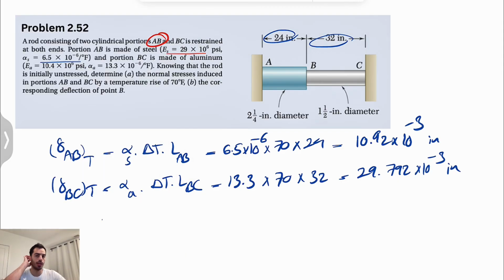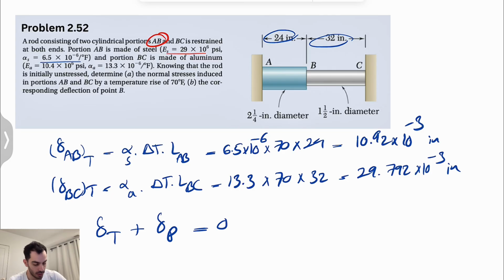What we know here is that at the end, the thermal expansion of the whole thing plus the contraction because of the force, which we can call P, the force that is forming in these two portions, has to be 0, because the two ends of this rod are restricted.